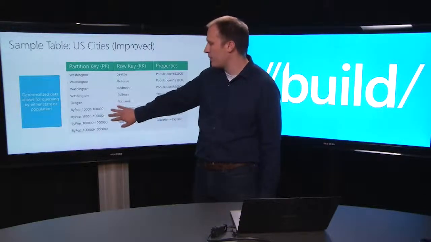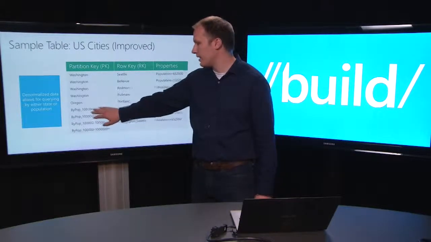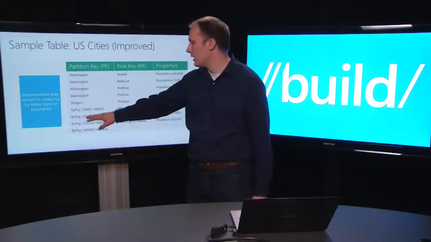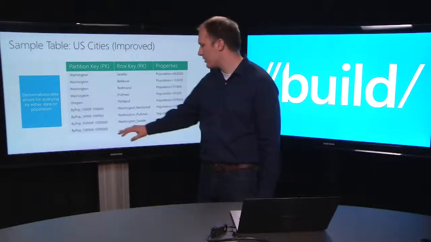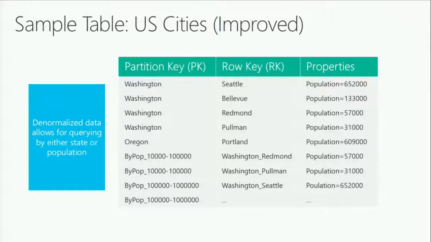So you see we have a partition that covers cities that are 10,000 to 100,000 and cities that are 100,000 to 1 million. And then we've put the row key as the state name and city name. So now when we want to do a scan for all the cities within a particular population range, now we can get that all from one partition.